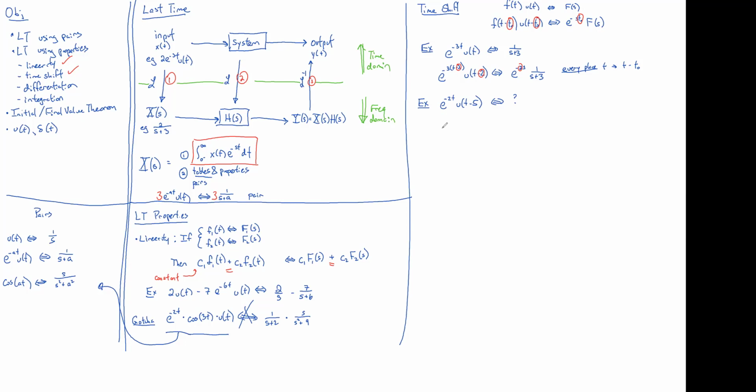Instead, what I want you to say is, if only we were asked this problem, then we could find it, right? Because then we'd pretend that it wasn't shifted at all. We'd say that's like this problem.